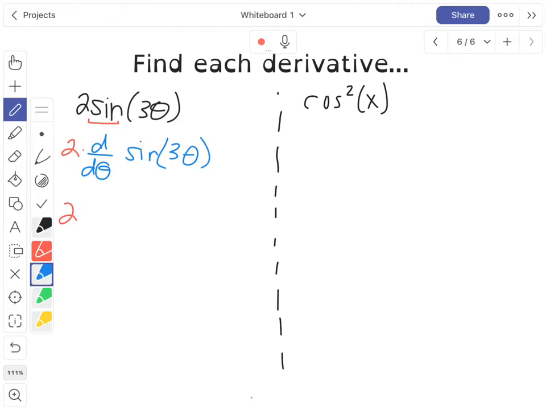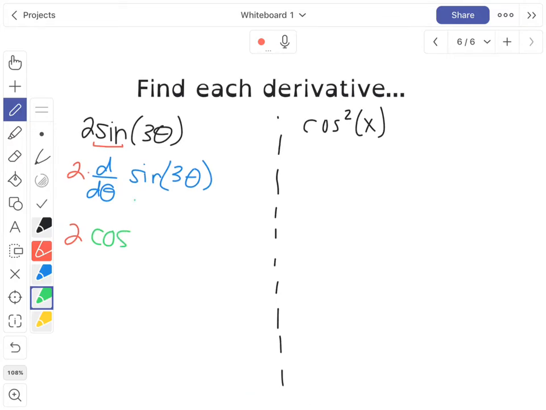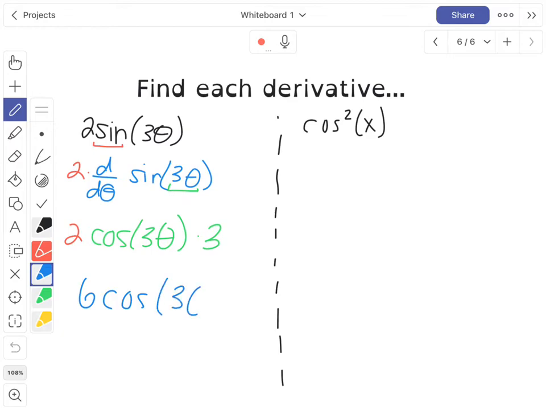We start with the derivative of the outside, the derivative of sine, which is cosine of the inside, times the derivative of the inside. The derivative of 3 theta with respect to theta is just 3, so that gives us 6 cosine of 3 theta.